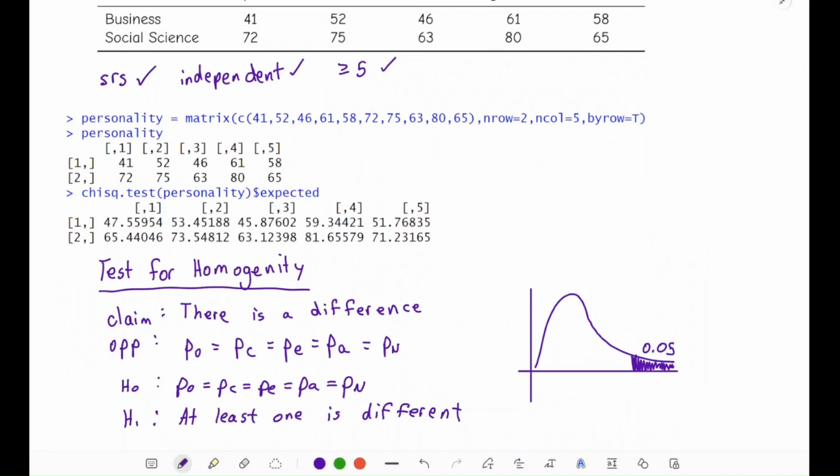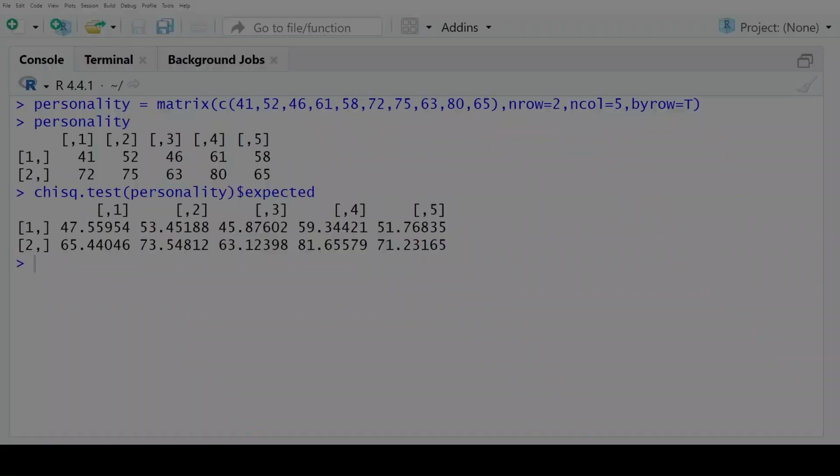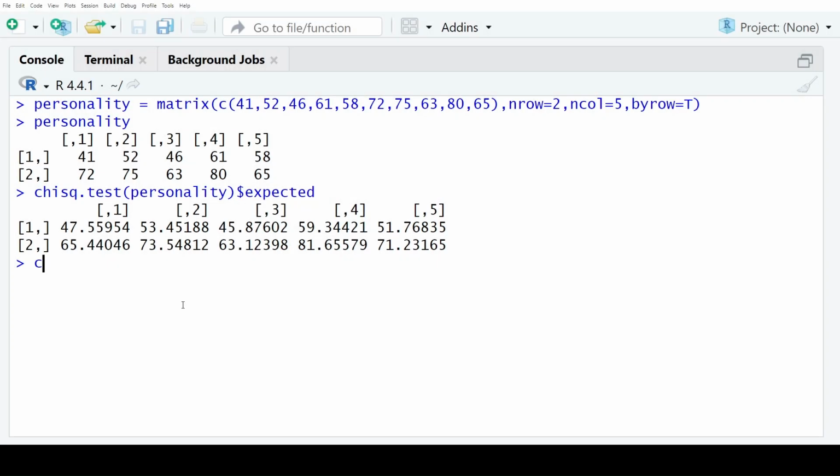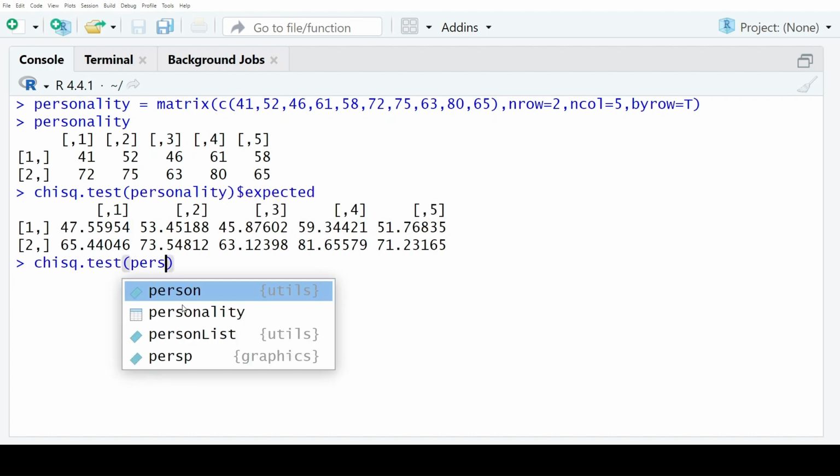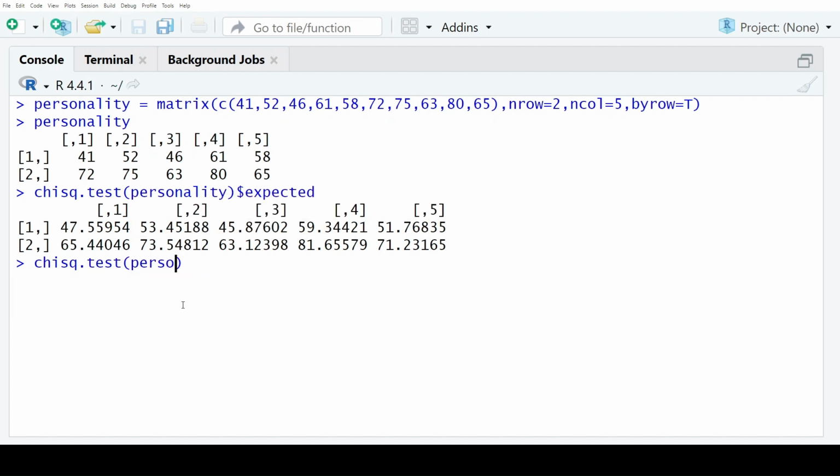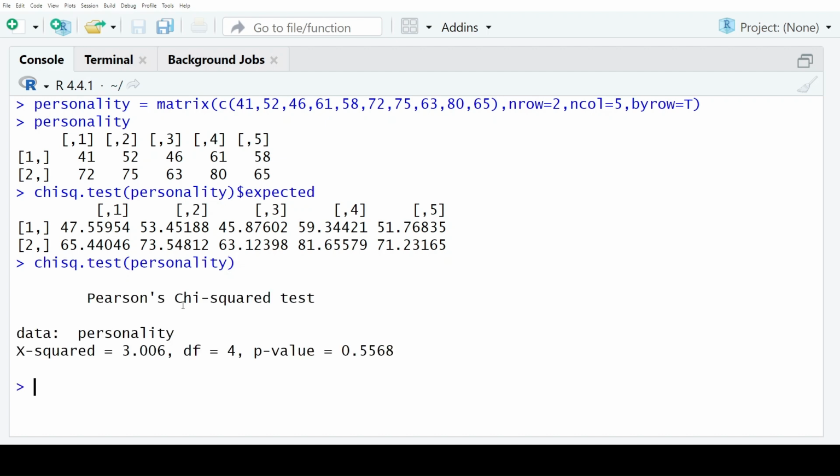And now we're ready to calculate the test statistic. So this is where I'm going back to R. And now I'm just going to go chi-square dot test of personality. But this time I'm not going to do the $ expected. I'm going to leave that off. And it does the chi-squared test for us.